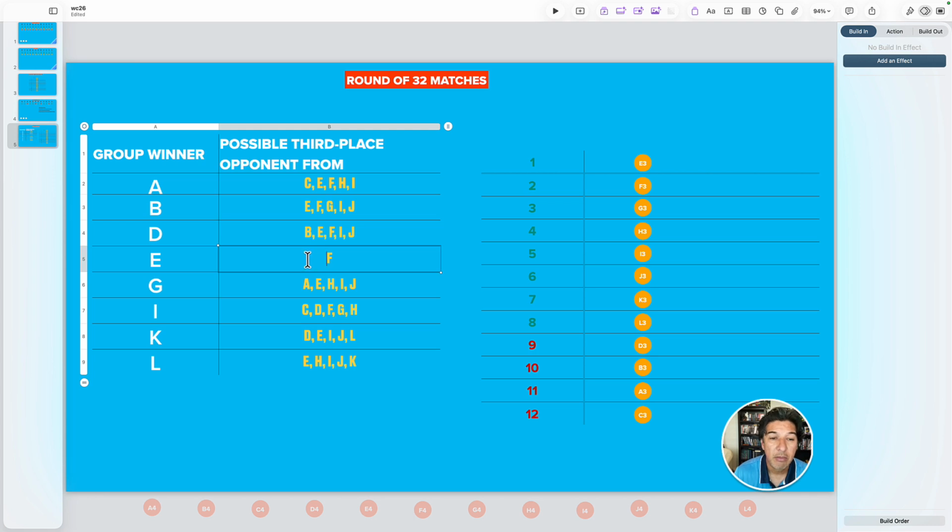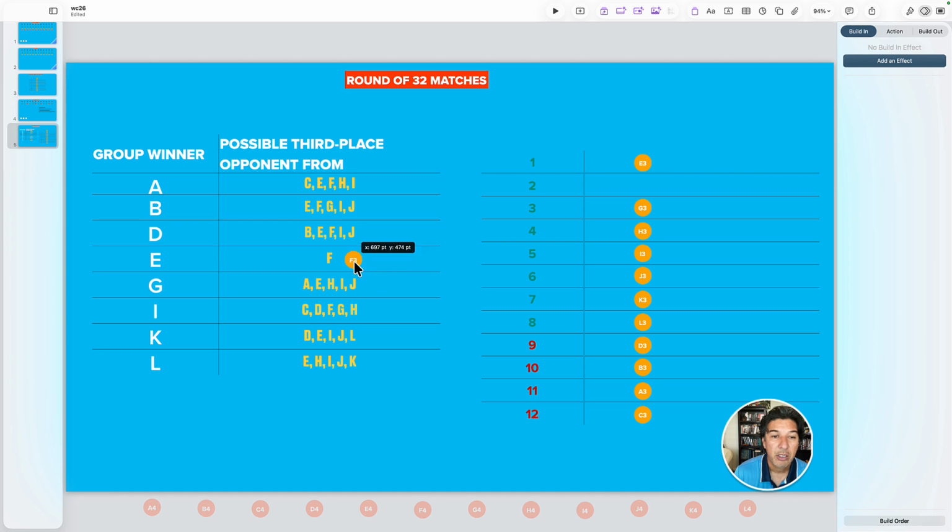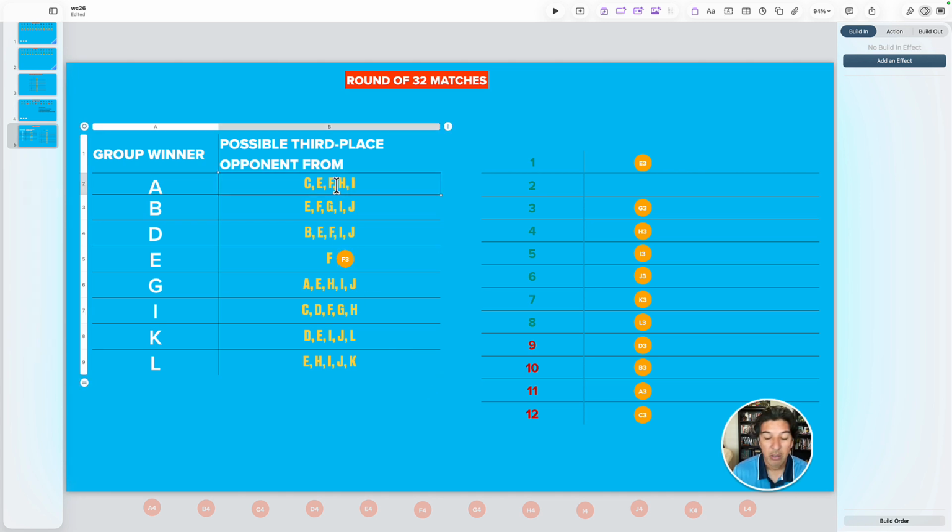So the only team they can play is Team F. So we need to make sure that Team E has a third place team opponent. So Team F has to come here. At this point, we can take F out of every single possible group that could have played them. And we got them over here.